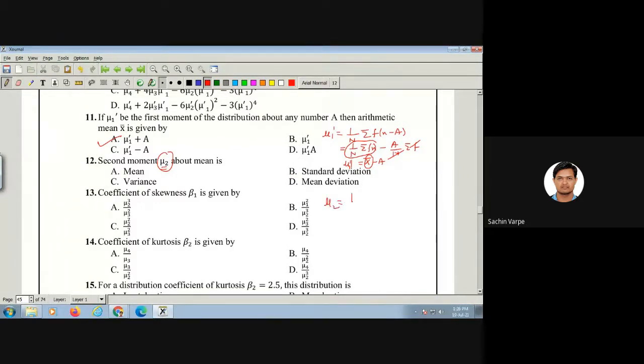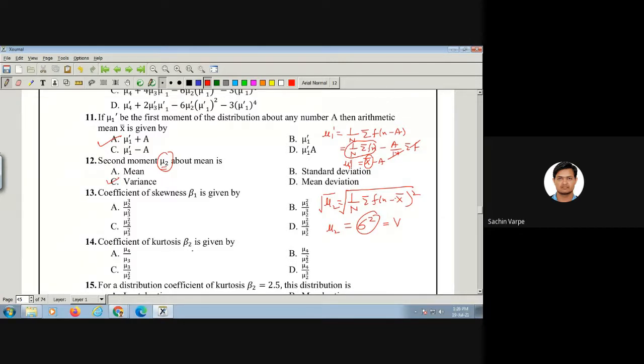Mu2 is 1 upon n summation f into x minus x bar square, right? If I take the square root on both sides, then this is the standard deviation, sigma. So root of mu2 is sigma. So mu2 is equal to sigma square, and that is nothing but variance. So option C.